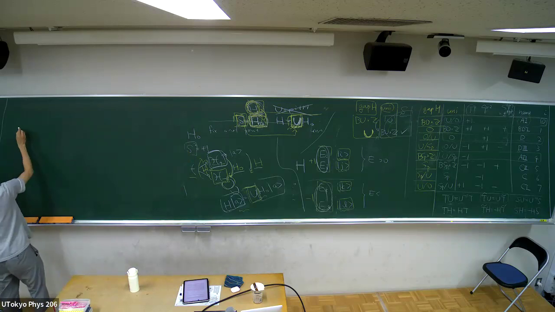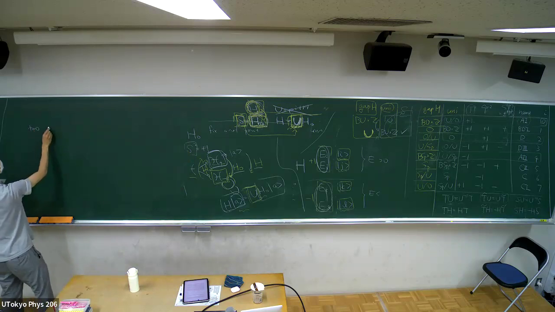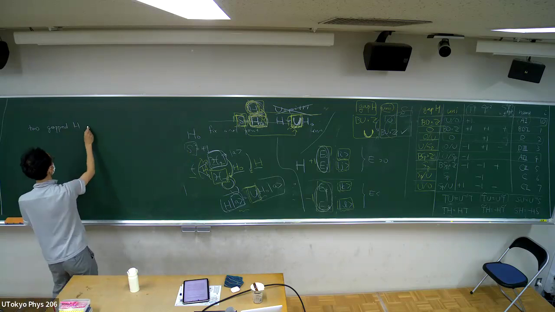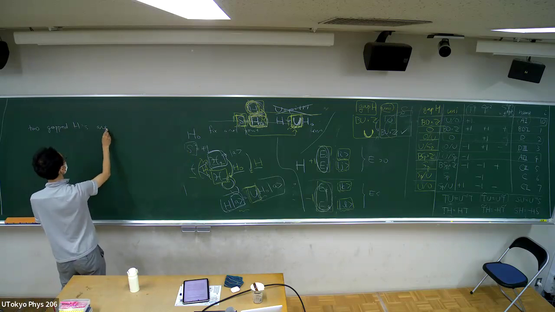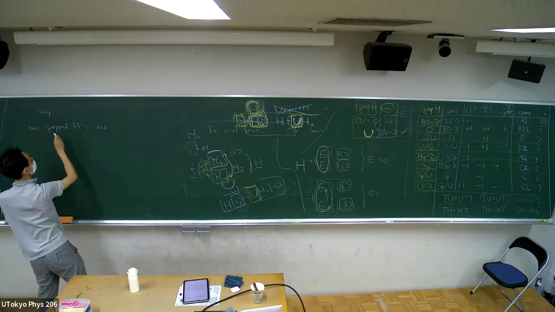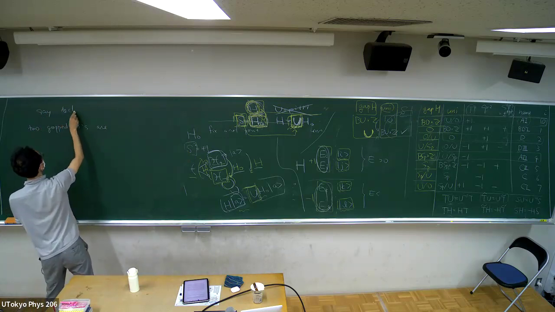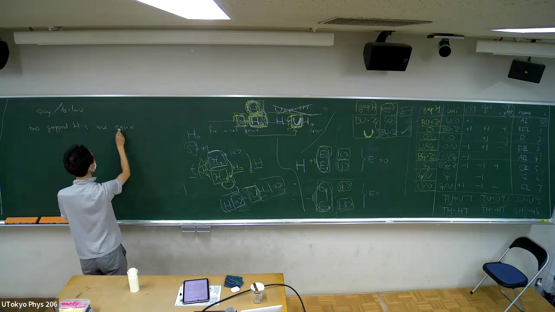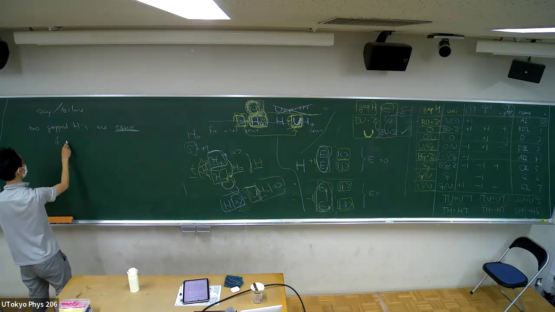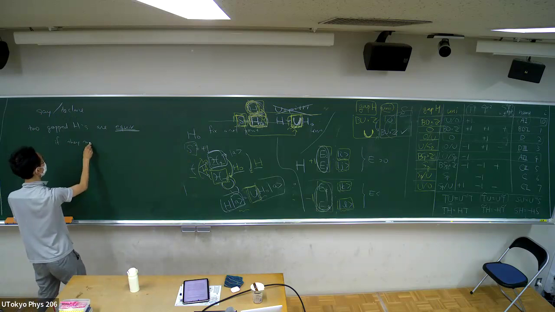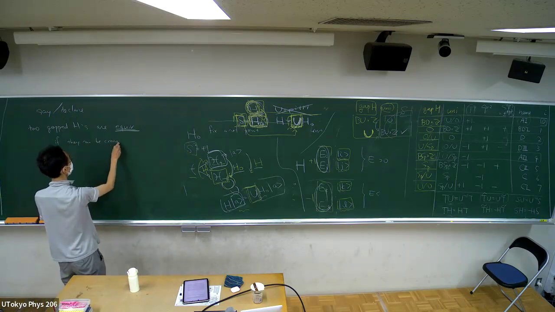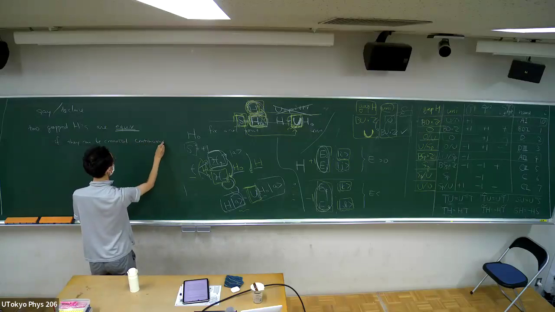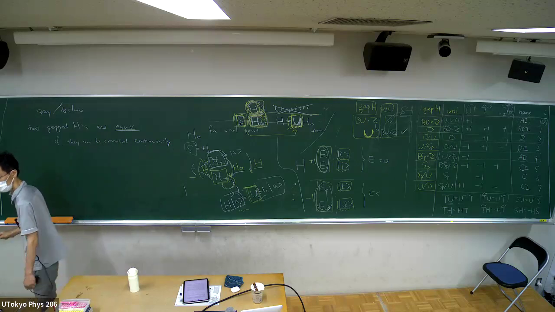So let's say two gapped Hamiltonians are declared equivalent if they can be connected continuously, right?